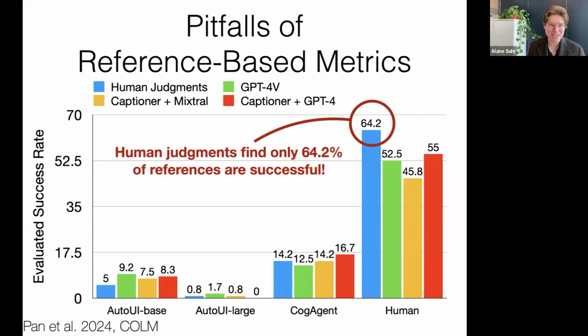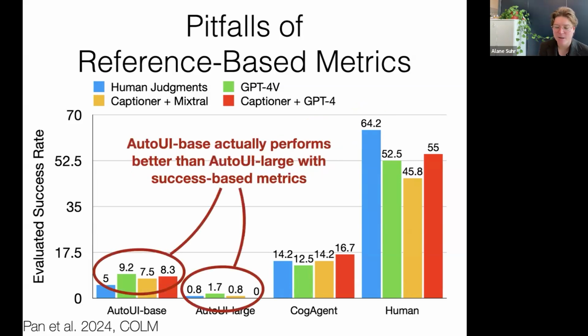So this is troubling. We also find that our metrics, including the human judgments of success, show that the base model for AutoUI is actually outperforming the large model in terms of success rate for following instructions accurately.